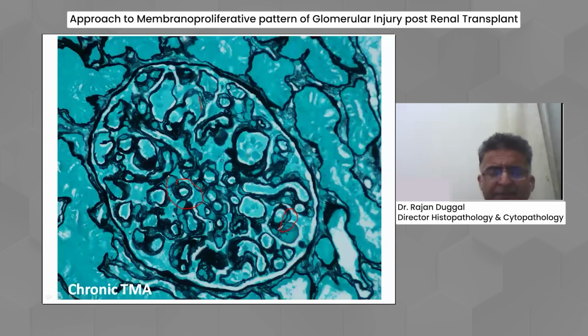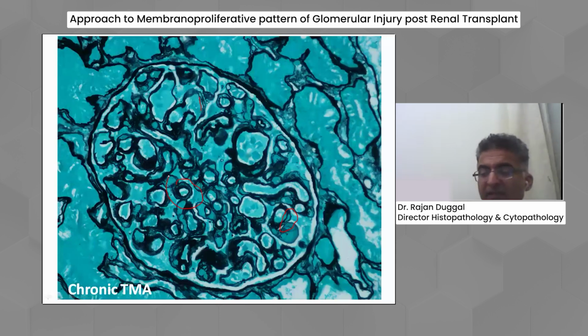C4d was negative in the PTCs as well as in the glomerular capillary wall. There was non-specific IgM and C3 trapping in these areas where there was duplication. Now, with this kind of morphology, if immunofluorescence is negative, when I say immunofluorescence is negative, that means immunoglobulins IgG, IgA, IgM is non-specific trapping, kappa lambda is not showing any restriction.